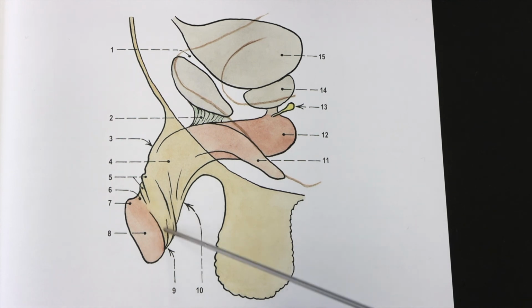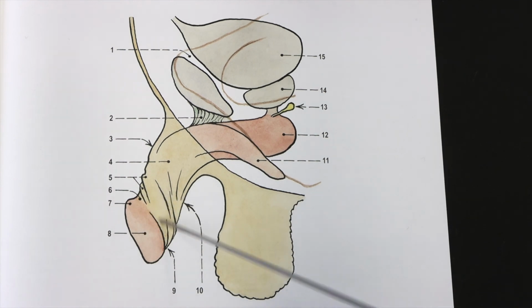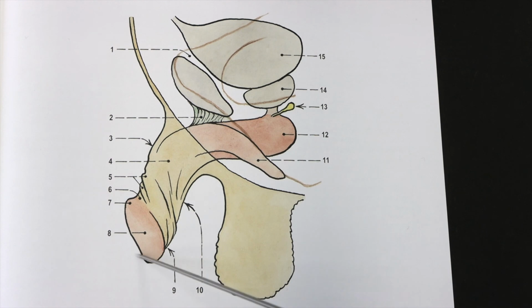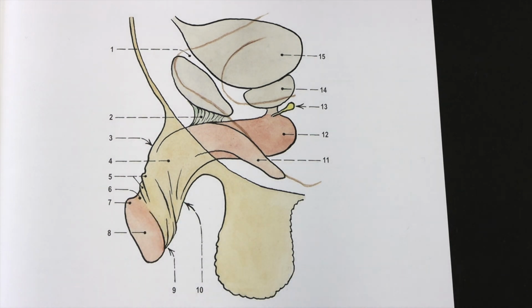Also, at the level of the border between the glans penis and the body, which is the neck, here is the corona of the glans penis, and in this area the skin is covered by a very thin layer, and under that it has a very rich blood supply, and it's very sensitive. So it has very rich sensitive innervation in this area.